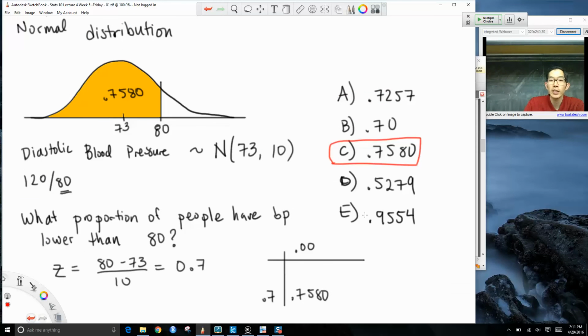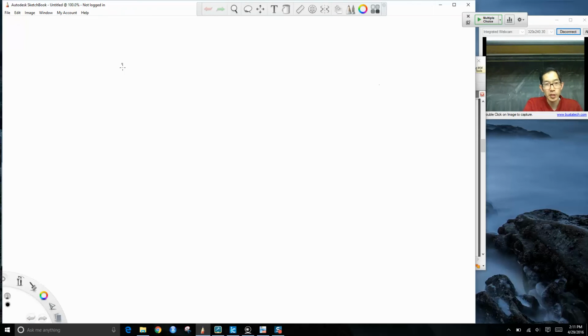Okay, if you picked 0.7257 because you decided to draw the cutoff line at 79, even though it says lower than 80, you might have chosen to draw a cutoff line at 79, and you got 0.7257. This brings up, I guess, an important point for the normal distribution.